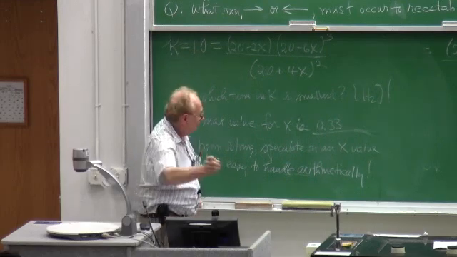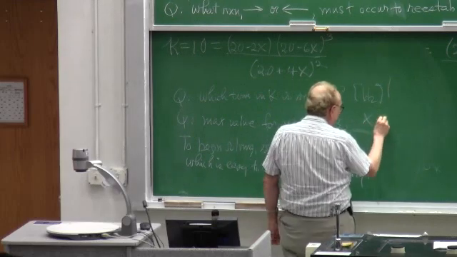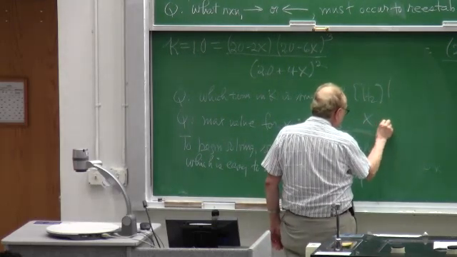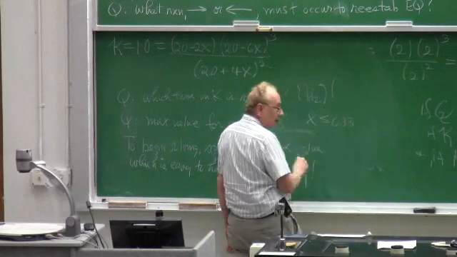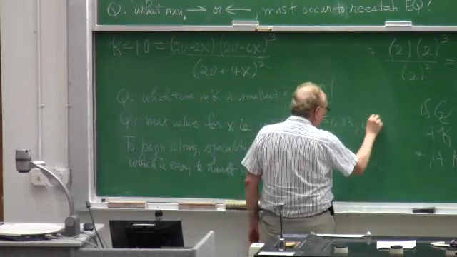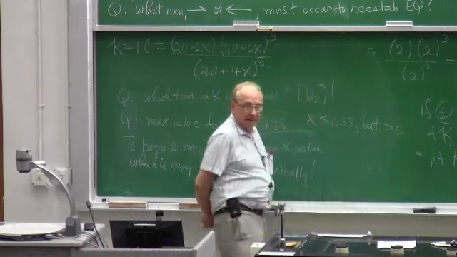Given that, we now know that x is equal to or less than 0.33 but greater than 0.